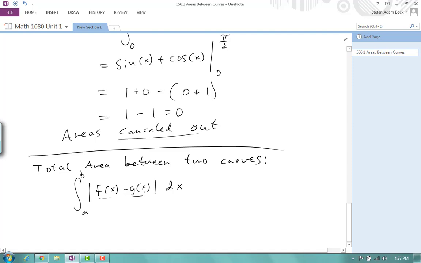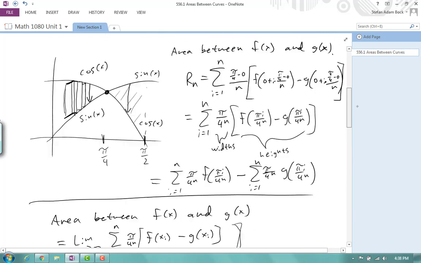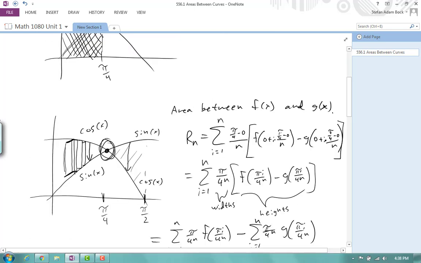Because my function values here, those are my y values, and whatever you're integrating, or at least a part of what we're integrating, is always going to represent the height of something. Heights are positive. So that way I don't have to worry about one function being bigger than the other. I just have to be careful when I'm looking for the total area to see if my two functions ever cross anywhere. Because if they cross, that means they're going to switch positions, which means I'm going to switch which one I start off with.